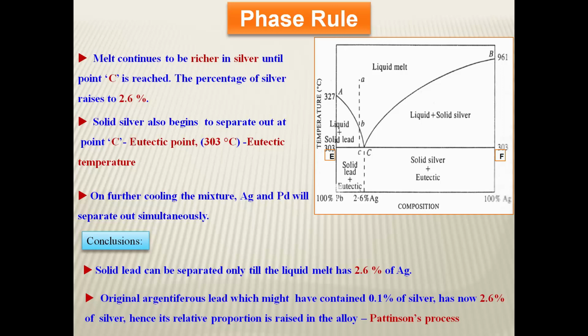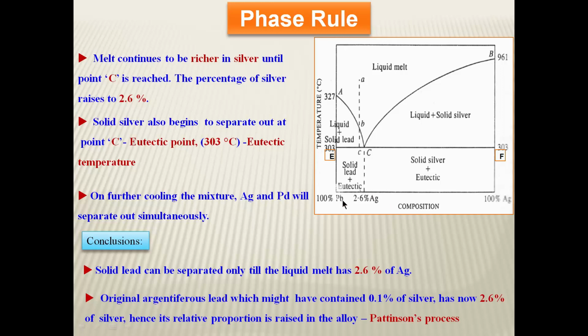Second very important point is the original argentiferous lead sample, which might have contained originally, say, 0.1% of the silver, has now been enriched in silver, and the amount has reached 2.6%.